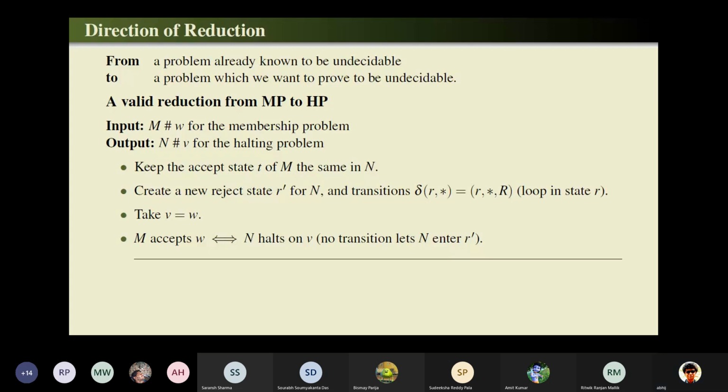Therefore, this reduction goes in the wrong direction. From a new problem to a known problem, this reduction is fine. You can construct this reduction, but this gives us a way of solving the new problem. You cannot prove that this is the only way of solving the new problem.